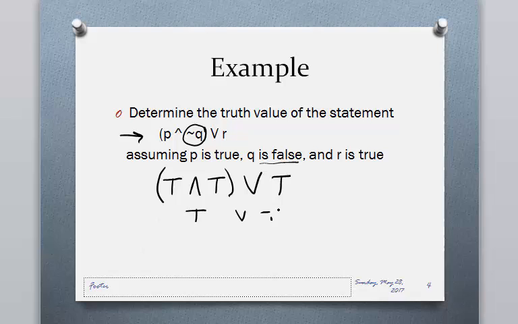Now I'm going to just rewrite the rest. Let's look at it again. If the first statement is true or the second statement is true, the combined statement is true. So the truth value of our statement is that it's true.